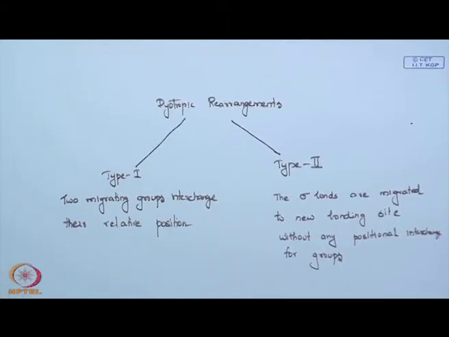So, first what I defined for dyotropic rearrangement: it should be a concerted intramolecular migration of two sigma bonds simultaneously. That type of pericyclic reaction is called a dyotropic rearrangement. It is classified into type 1 and type 2.